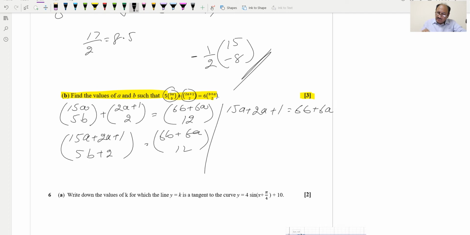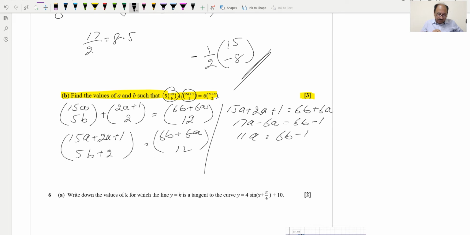So this will be 17A and minus 6A is equal to 6B minus 1, and we can simplify, this will be 11A is equal to 6B minus 1.